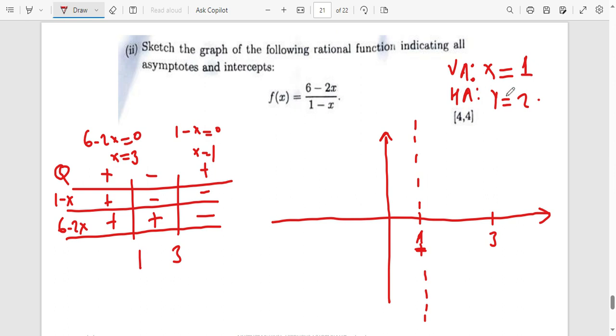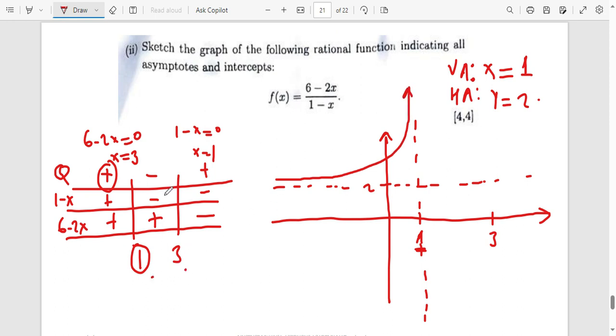And then the horizontal asymptote is at y equals 2, so I'll put dotted lines there also. When x is less than 1, the function is positive, meaning that it is above the x-axis and above the two asymptotes. So I'm following the asymptote like that. You can't cross the asymptotes.